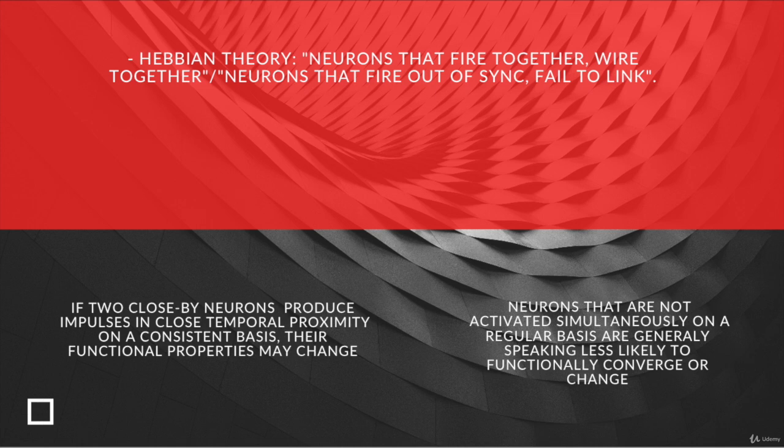So all these different neurons, millions of neurons that form a huge neural network formed originally by two smaller neural networks, are now all firing together, and they will keep wiring with other neurons that are also experiencing a stimulation by the specific action that is happening. And conversely, neurons that fire out of sync will fail to link.